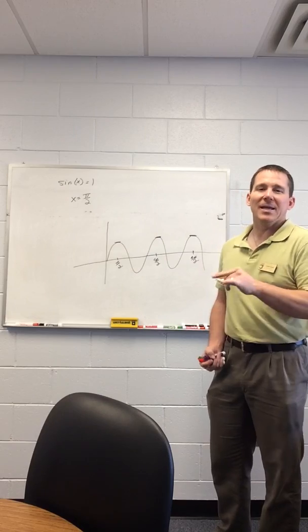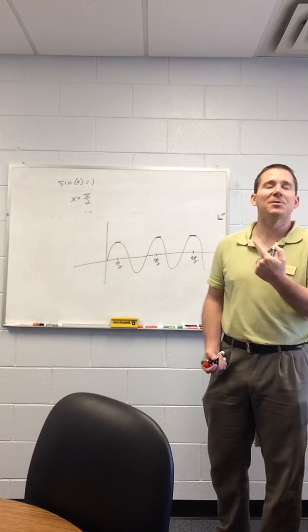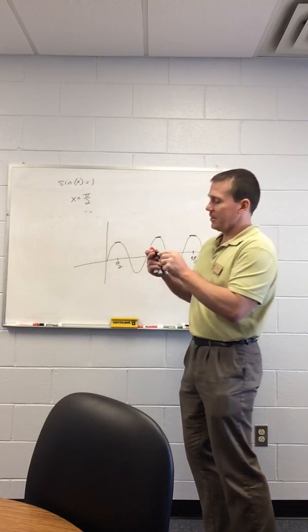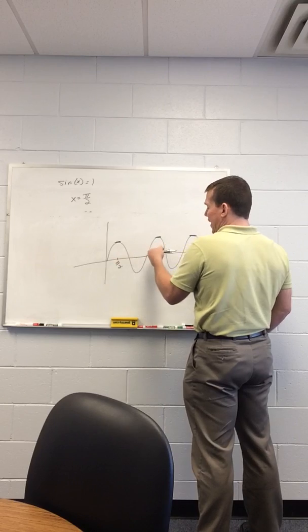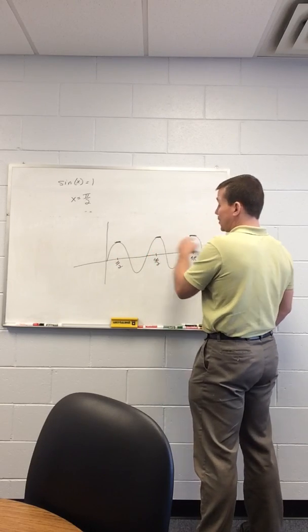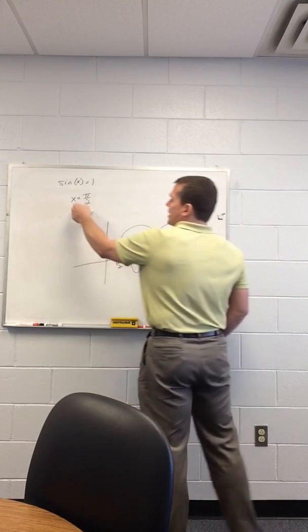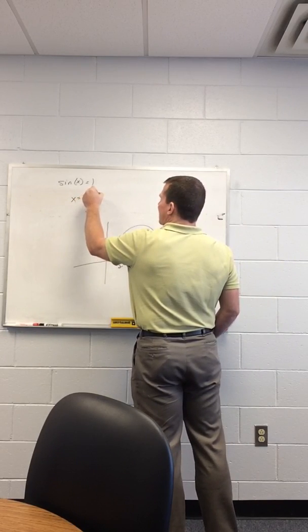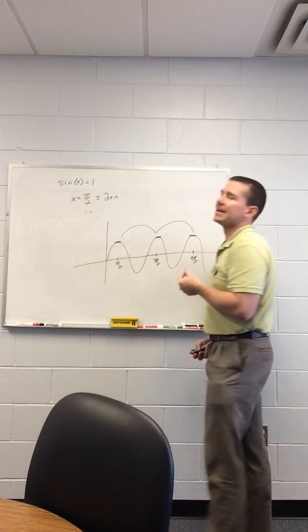And so we need a way to list out all of these solutions because there's an infinite number of them. The way we generally do it is, this is a solution at pi over 2 and 5 pi over 2 and so on. It repeats every 2 pi. So what I can say is my solutions are at pi over 2 plus or minus 2 pi n.